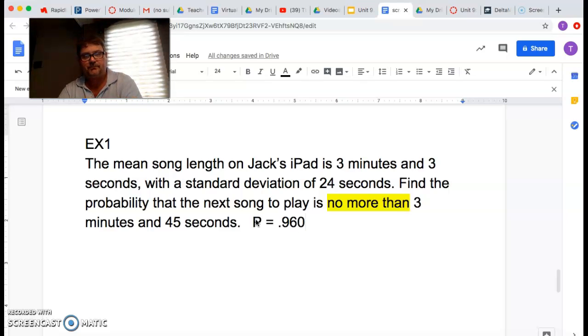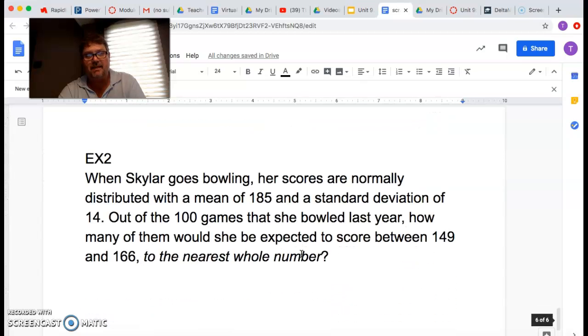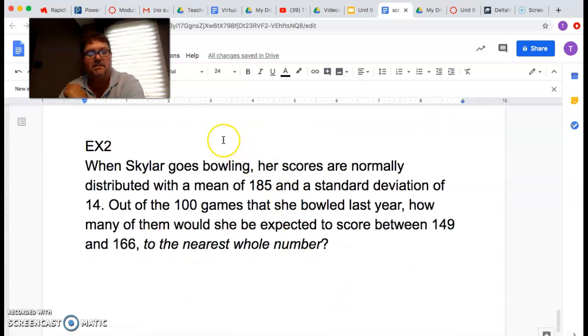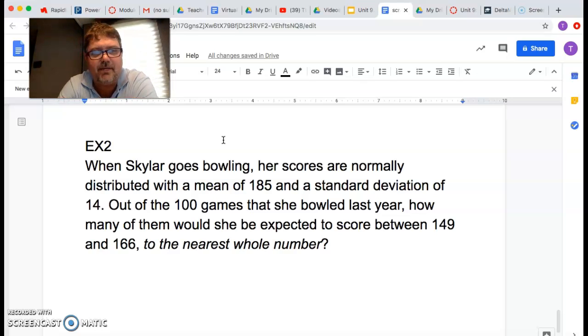Let me take a look at one more here. I actually got this one from Delta Math, so you do have some of these to do. It says, when Skylar goes bowling, her scores are normally distributed with a mean of 185 and a standard deviation of 14. Out of 100 games that she bowled last year, how many of them would she be expected to score between 149 and 166?